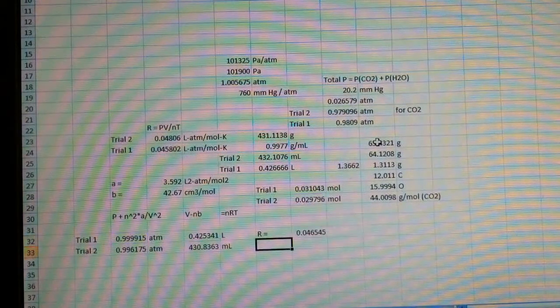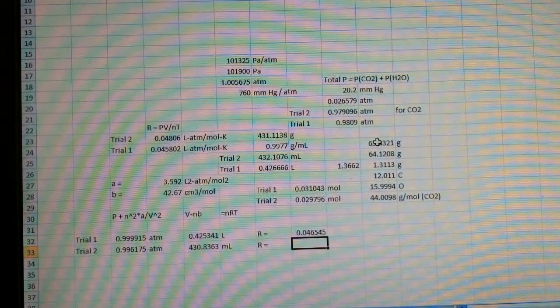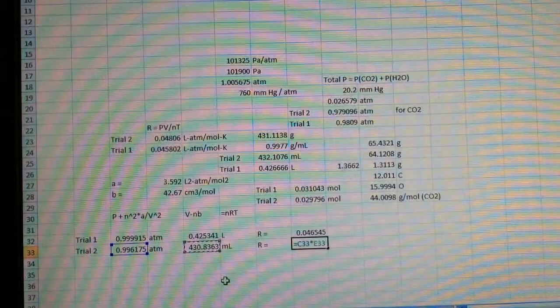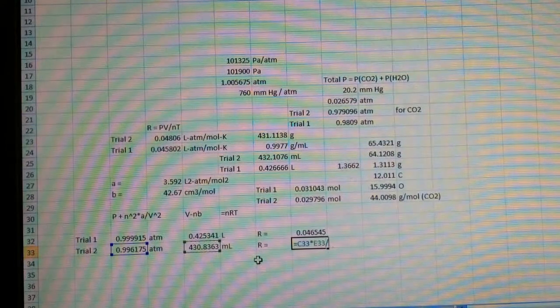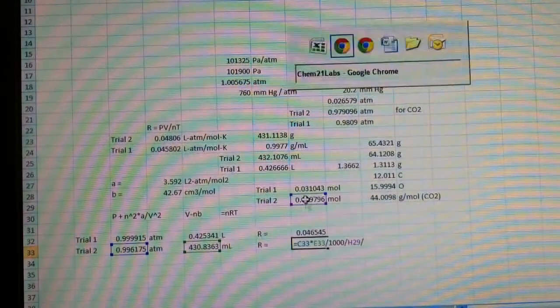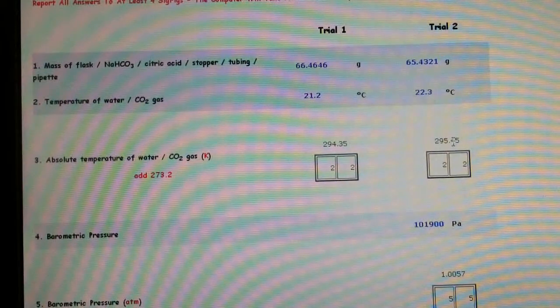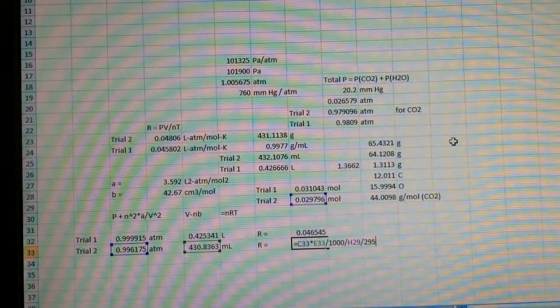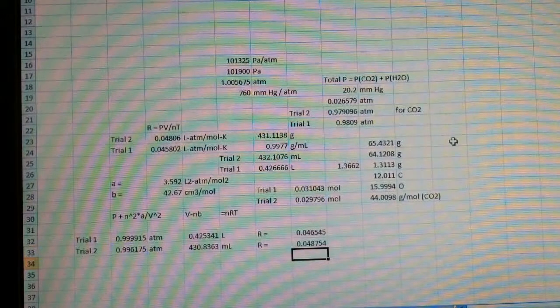Alright, let's do the same for the next trial. That pressure in atmospheres times the volume, but I need that in liters, so now I'm going to divide it. And then divided by the moles for trial 2, and divided again by the temperature, 295.45.